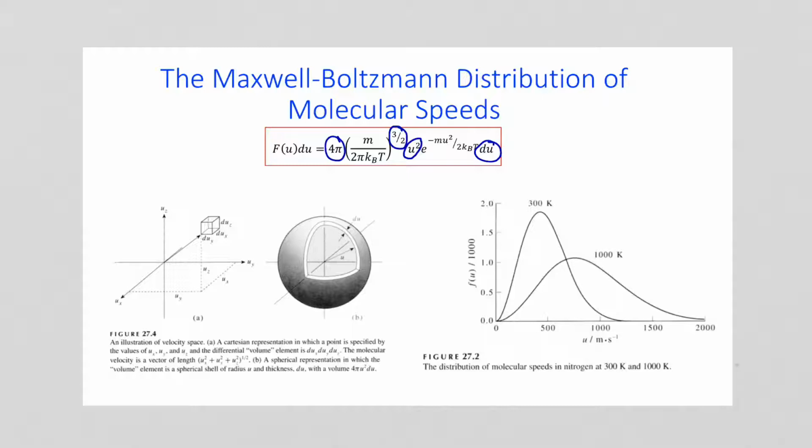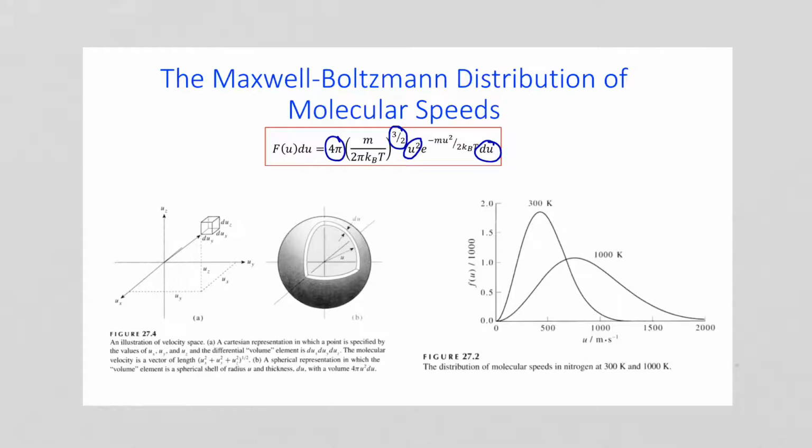But we're basically just factoring in our new volume element, which is a spherical shell. And so we get that 4 pi u squared du that factors in as our volume element now, and then that gives us our new expression for looking at a distribution of molecular speeds rather than velocities.